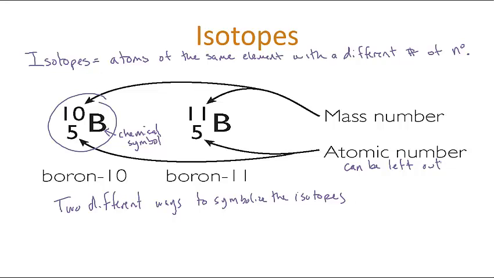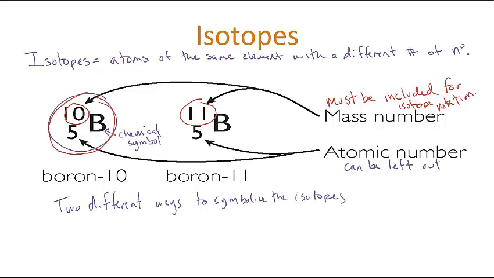So the number on top is the mass number of that specific isotope. This must be included for isotope notation. What it's saying is this atom on the left has a mass number of 10.